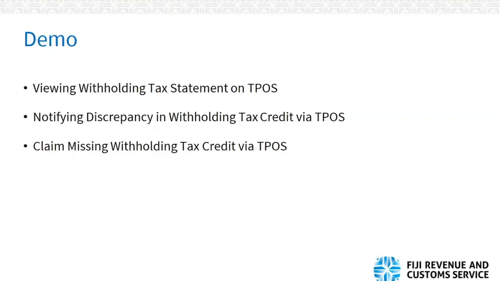If the employees are lodging the PAYE return, how will the employees be able to view it, and if there is a discrepancy or shortfall in deductions, how can the employees notify FRCS of the missing claim or the discrepancy? Okay, so we'll quickly go over the questions and try to answer the ones that came in.